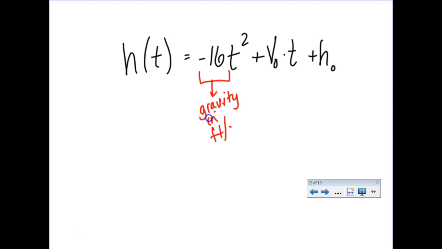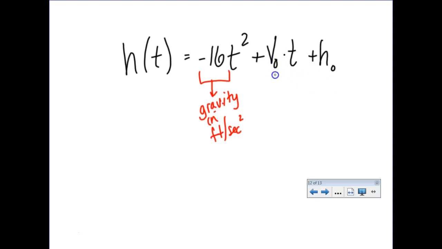When you move on to your physics course, they often don't measure in feet. That's only America. Everybody else measures in meters, so they have a different coefficient. I think it's negative 9.8. Same idea: it's acceleration due to gravity measured in meters per second squared.